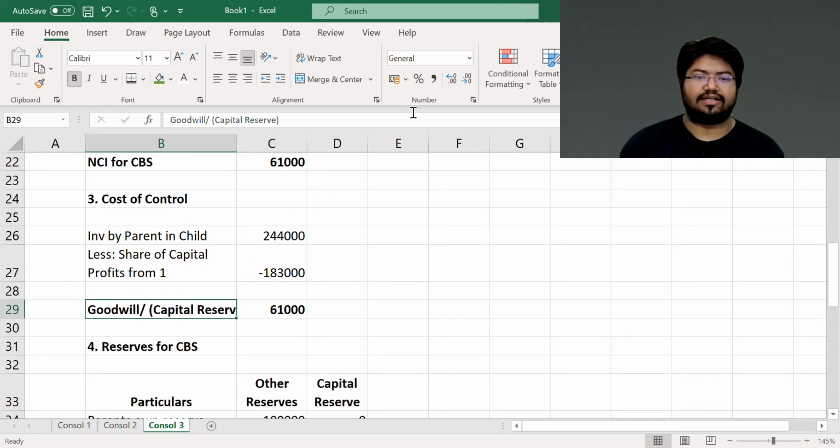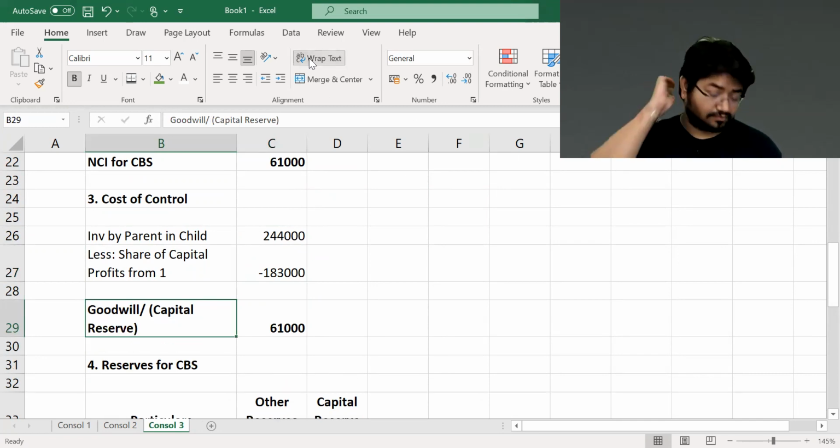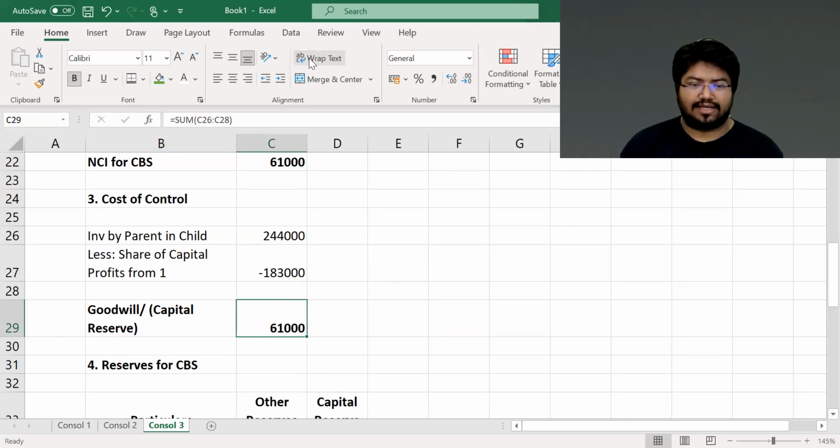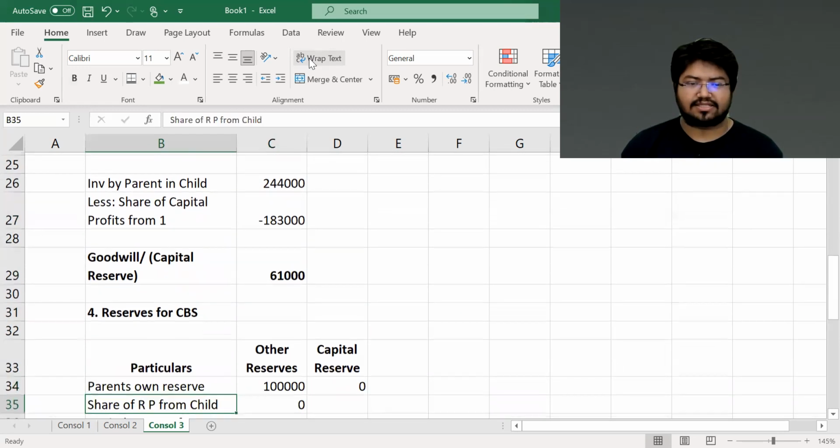Hence, we have got a goodwill here. Okay, people? Yes, sir. So goodwill is 61,000.